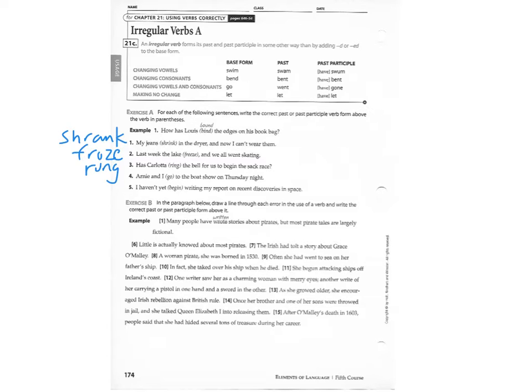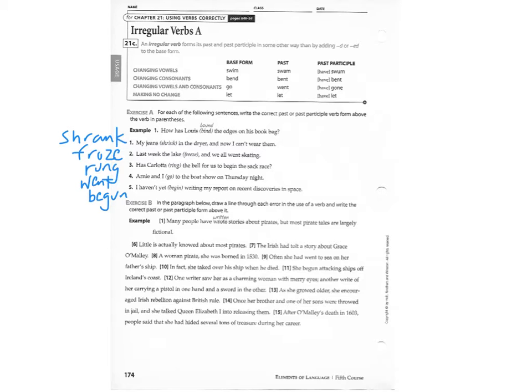Okay. So for 4, it's going to be went. Okay. And it goes began, and then so 5, because we have a form of have, is going to be begun. All right. So those are 1 through 5.